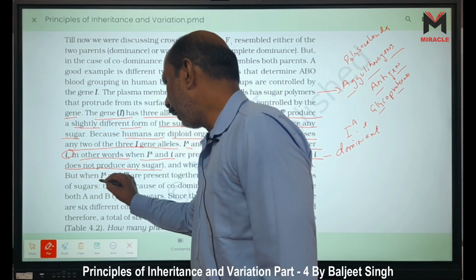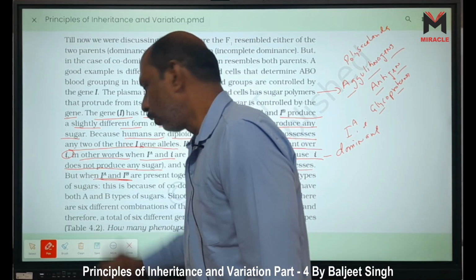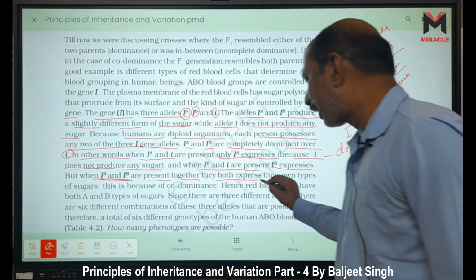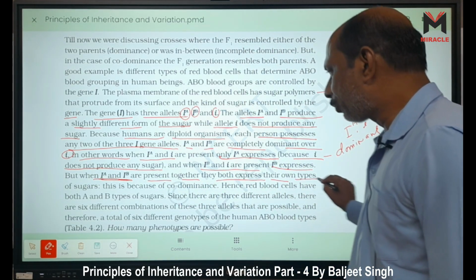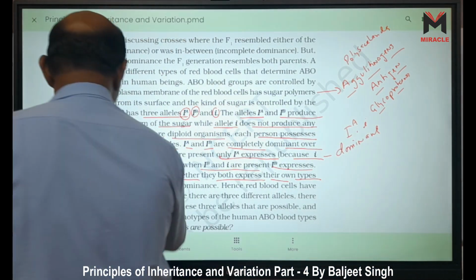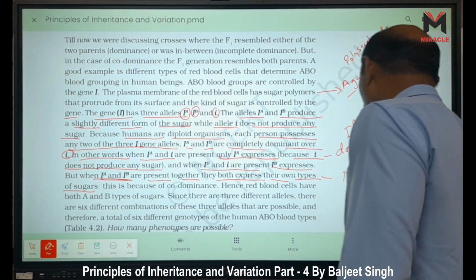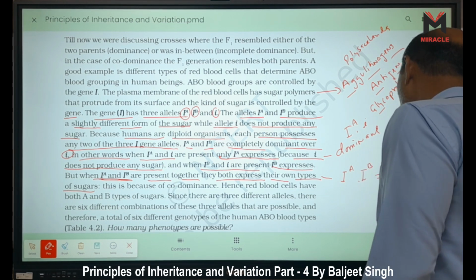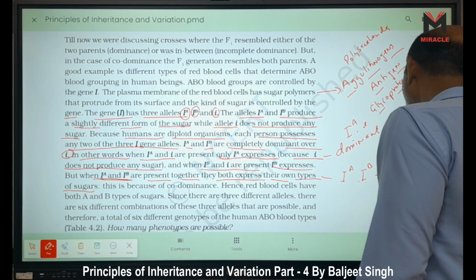But when IA and IB are both present, they both express their own types of sugar, because both types of sugars are present. In case of IA and IB, both sugars are present.